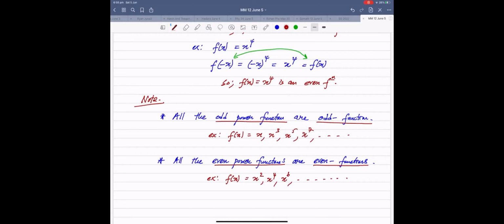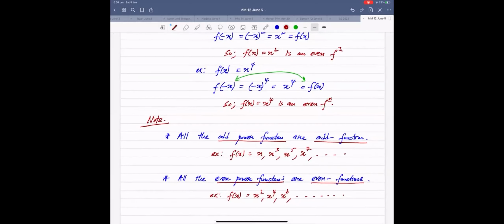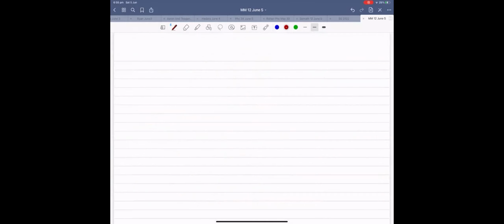Next, how we involve this knowledge into circular functions. That's what we need to discuss now.